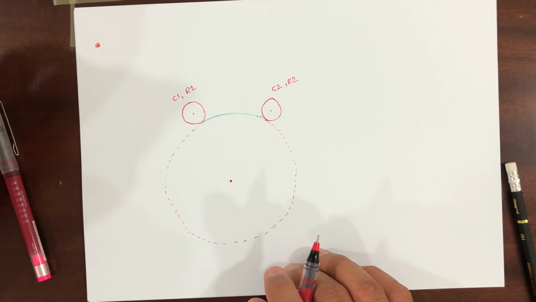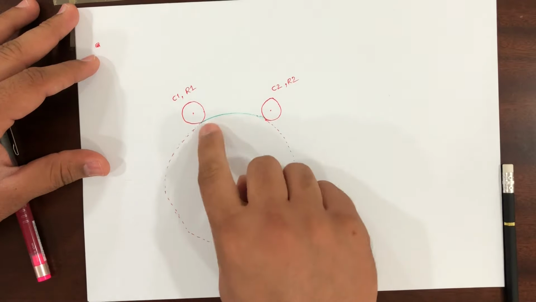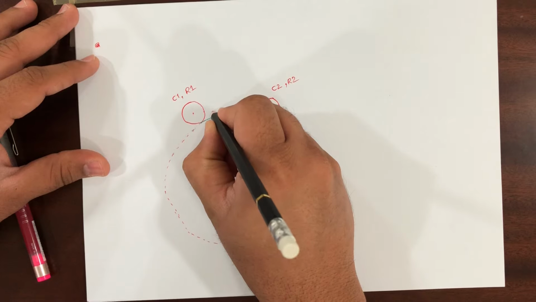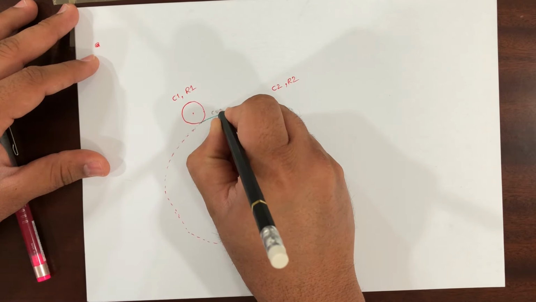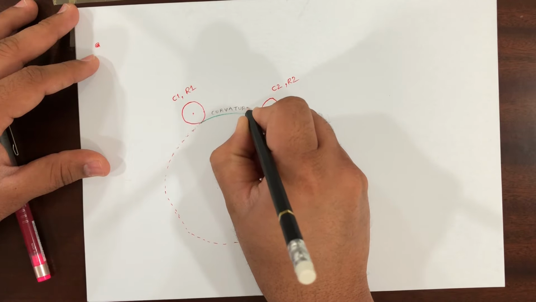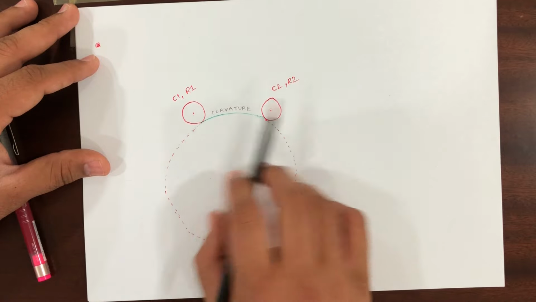So what is the radius of this one? Suppose this one is the curvature. This curvature is nothing but a tangent to these two circles.